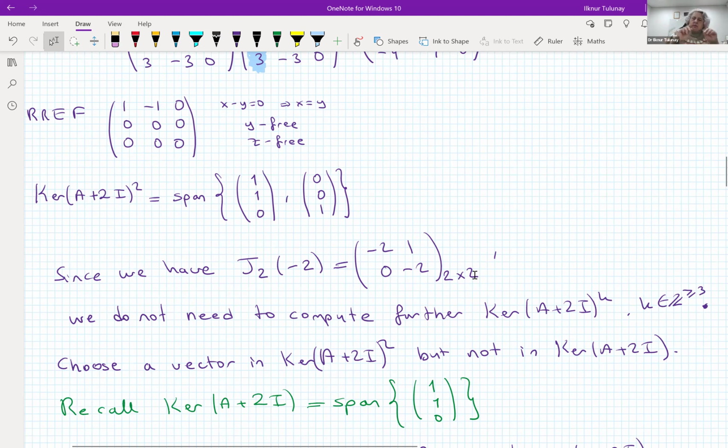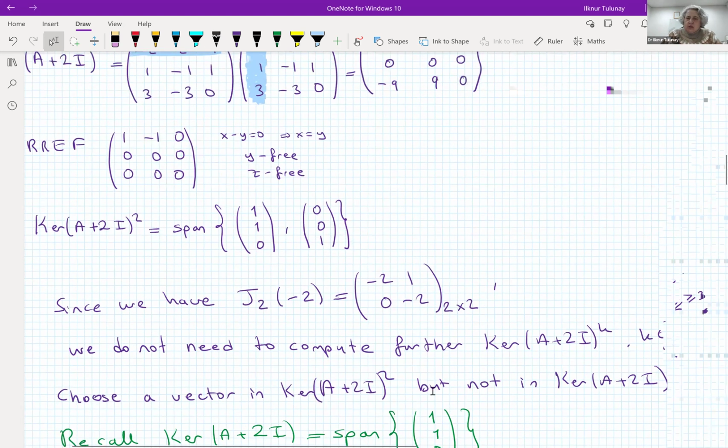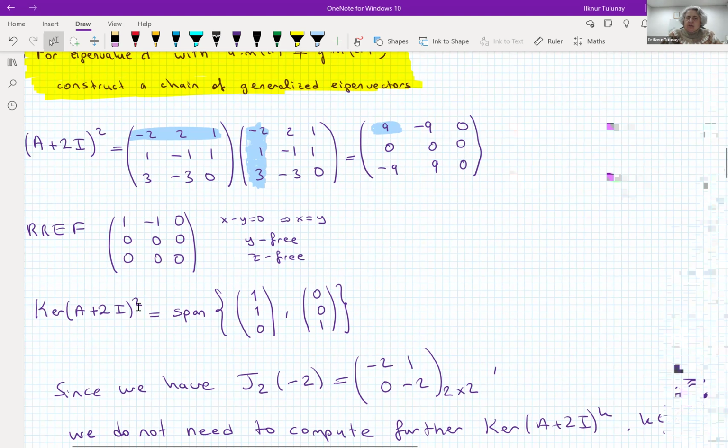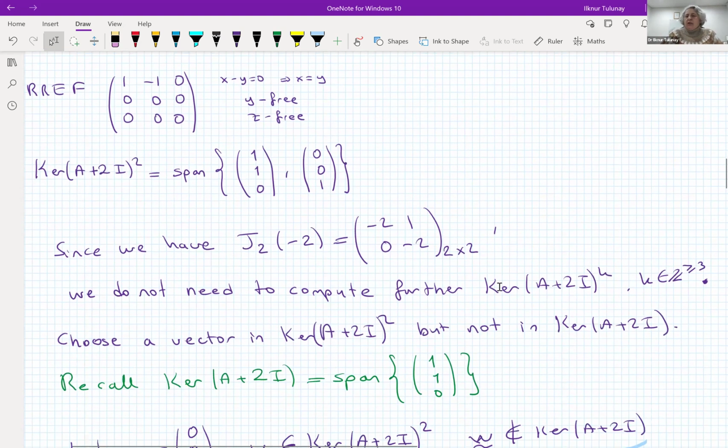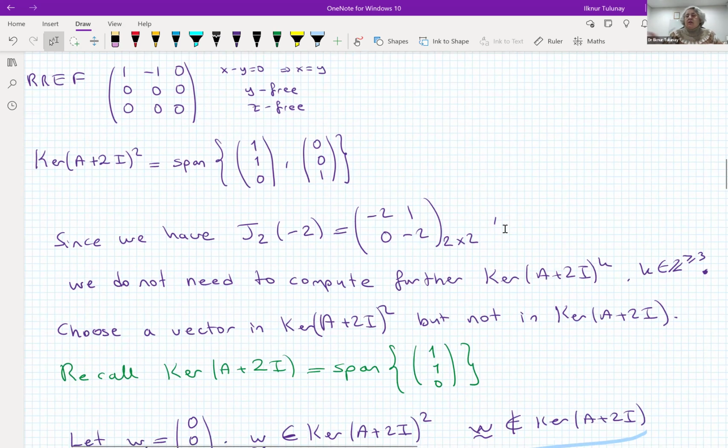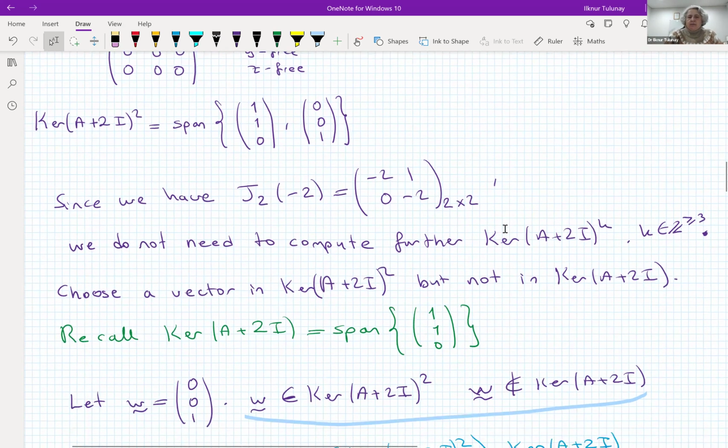It will be clear what it means in a moment. If your Jordan block is k by k, then you need to calculate the kernel of (A minus lambda I) to the power k, and we don't need to calculate the higher powers.